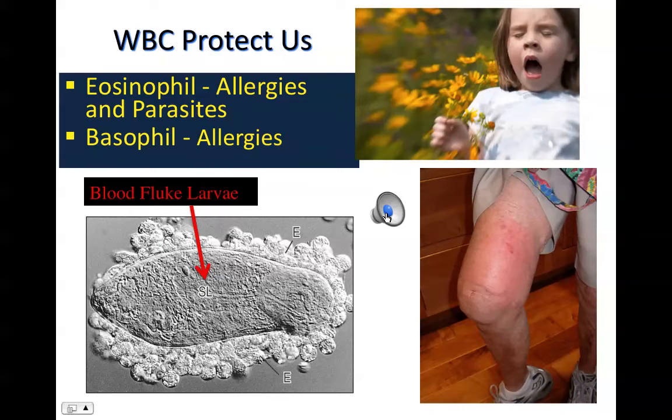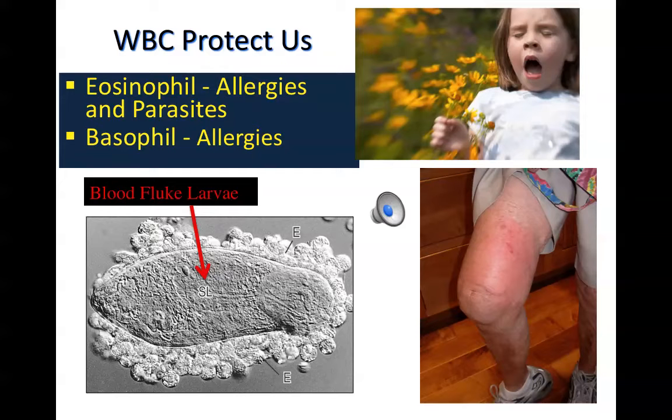Other types of non-specific white blood cells that provide a type of defense or first-line immunity are the eosinophils and the basophils. These too are granulocytes. Collectively, the neutrophils, eosinophils, and basophils are described as granulocytes because we see granules in their cytoplasm.